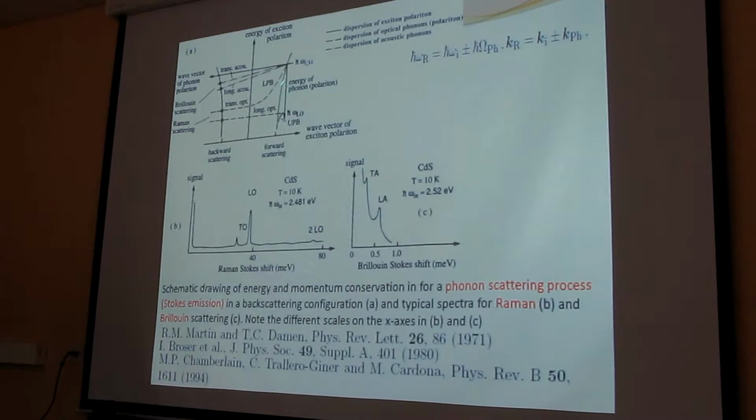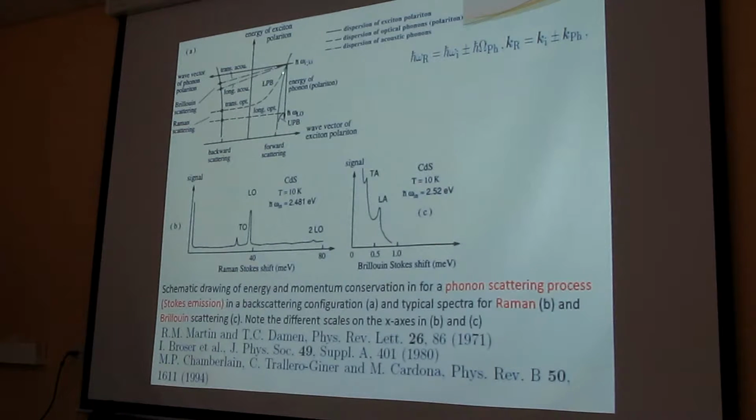We do a backward scattering experiment. This means we shine a laser at this frequency on the sample. This would be the exciton polariton dispersion with a resonance somewhere up there. We are looking in backward scattering, and this is now, with this minus sign, the dispersion of a phonon polariton.